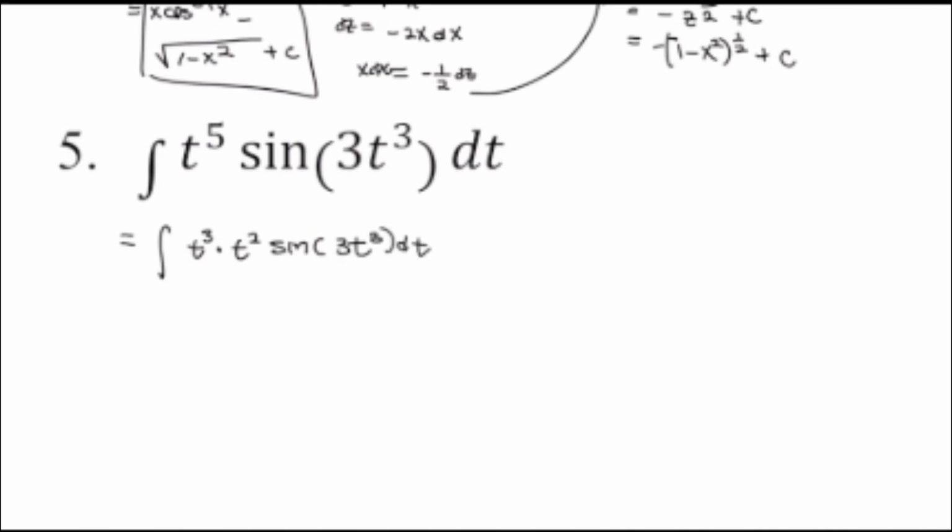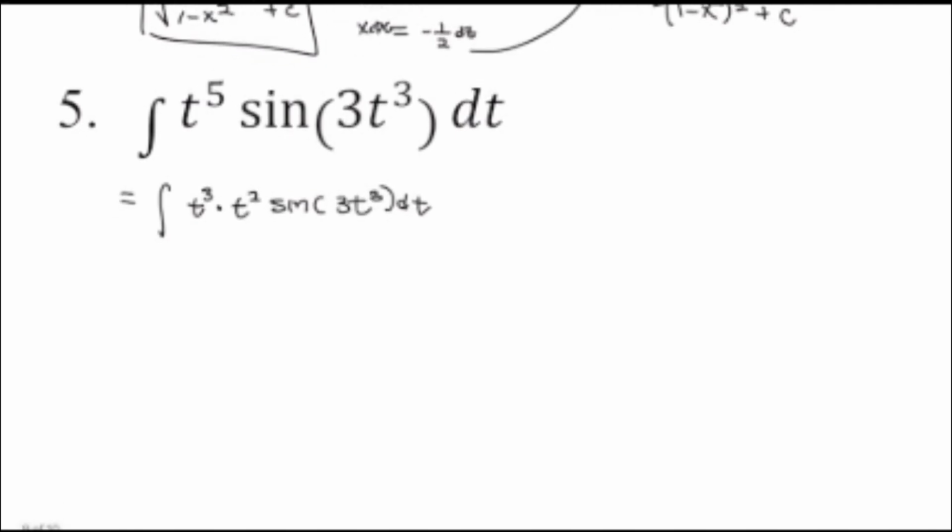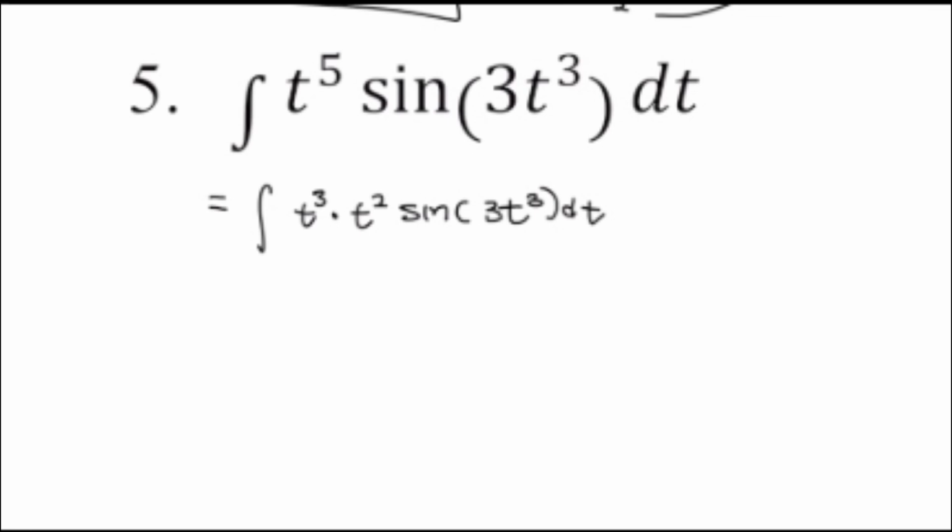For this one, we can do a u substitution first. Let's not do u, let's do z again, because we're going to do integration by parts later. z equals 3t to the third, dz equals 9t squared dt.